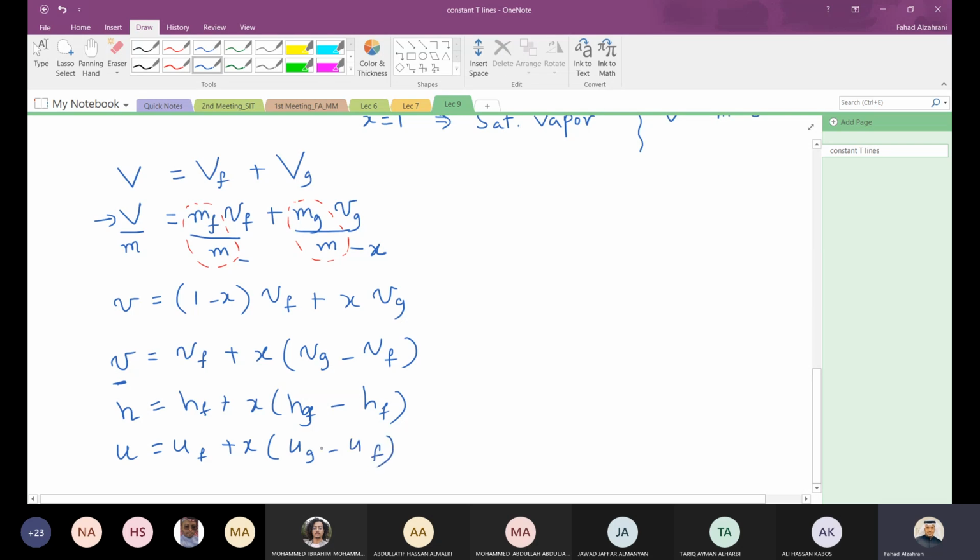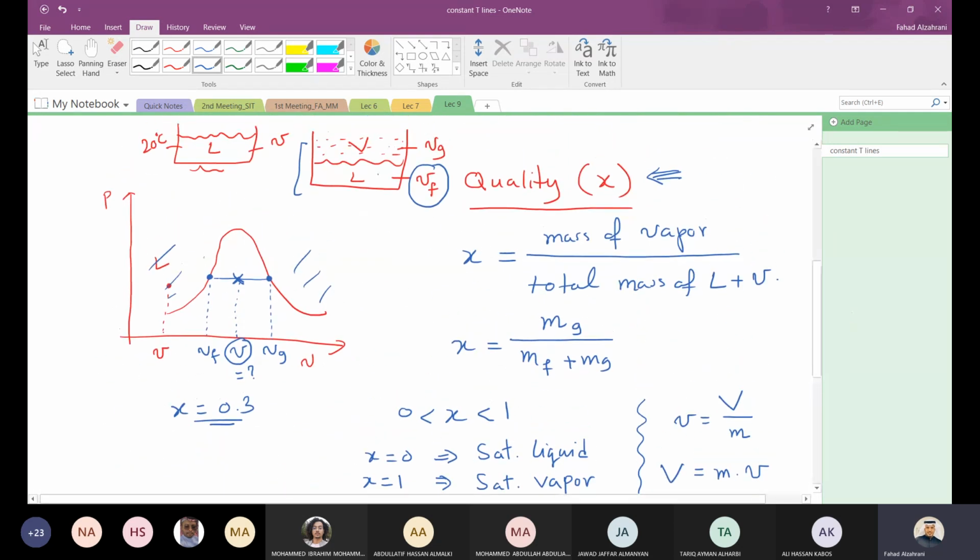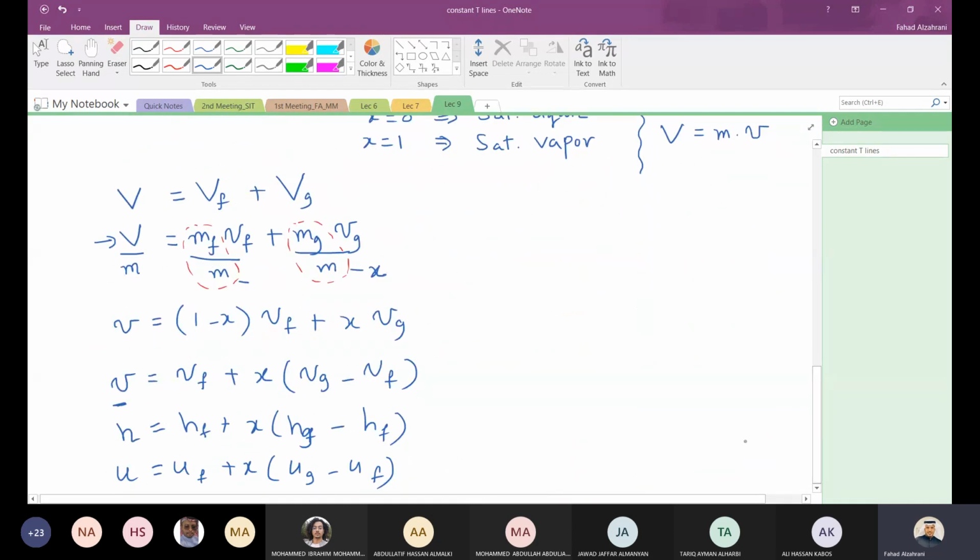So most of the properties, you can rewrite in terms of this quality x and the saturated liquid and saturated vapor properties. Why? Because the mixture is basically the two phases, saturated liquid and saturated vapor. So I have the g property and the f property, and then using the quality I can rewrite an average property for the whole mixture like this.